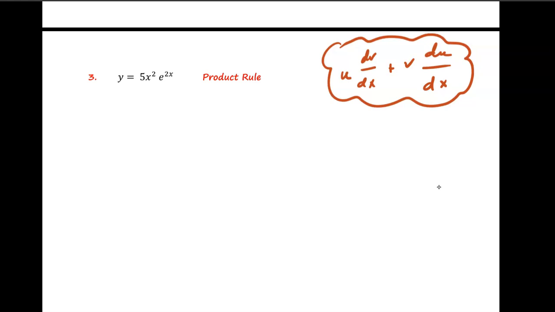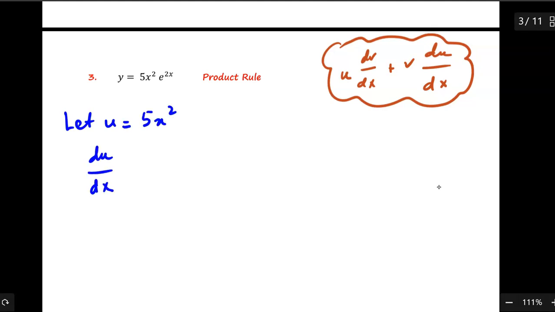Okay, so then if I let u equal to 5x squared, then du over dx in this case should be equal to 10x, right? Alright. And if I let v equal to e to the exponent 2x, so dv over dx will be equal to the exact same thing again, right?